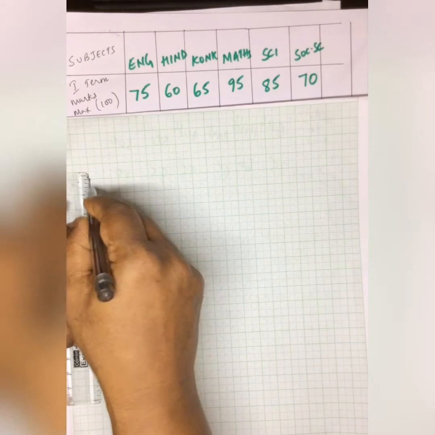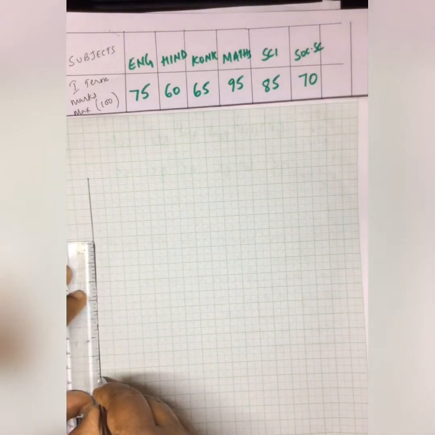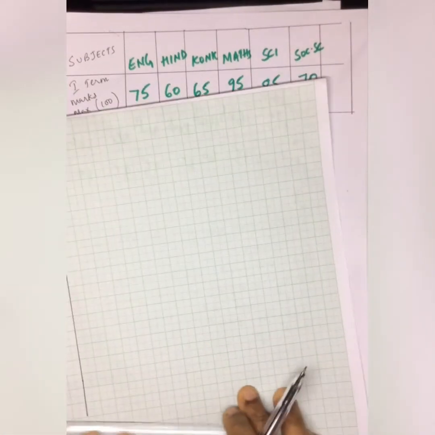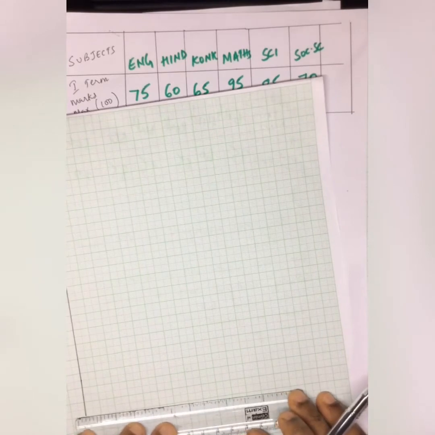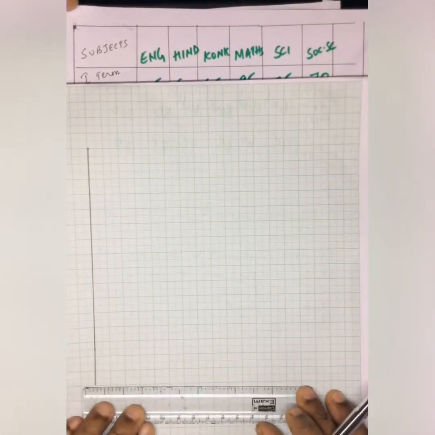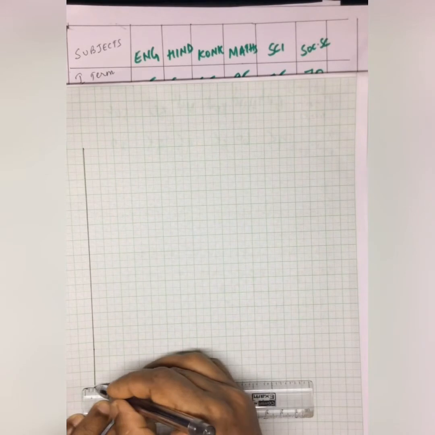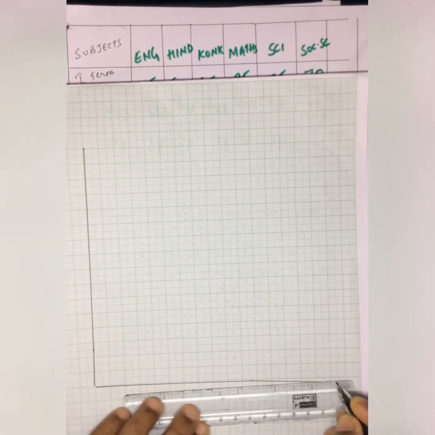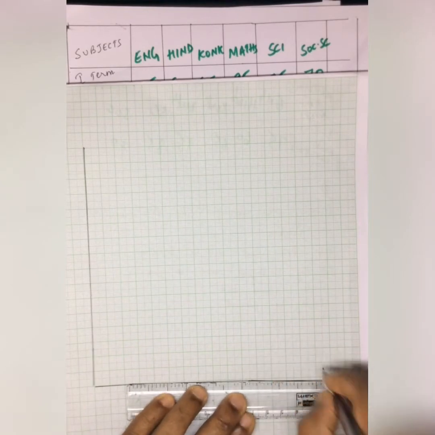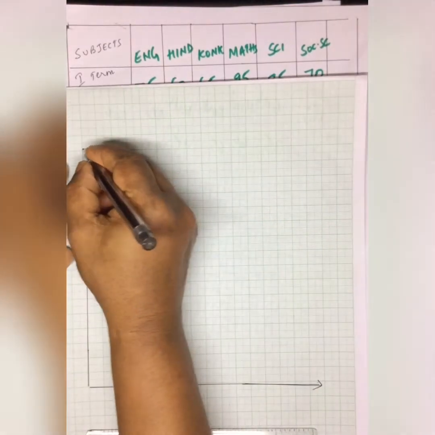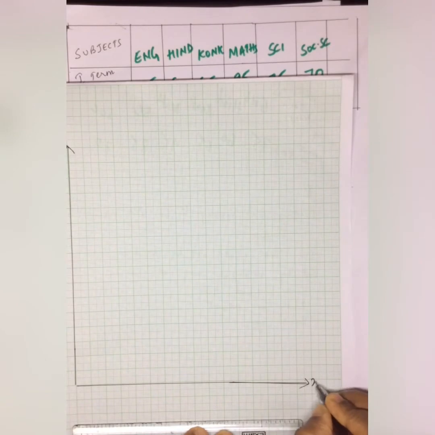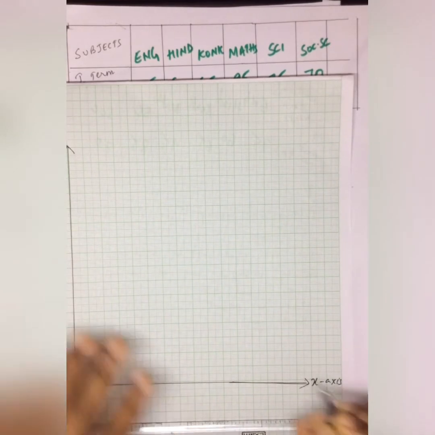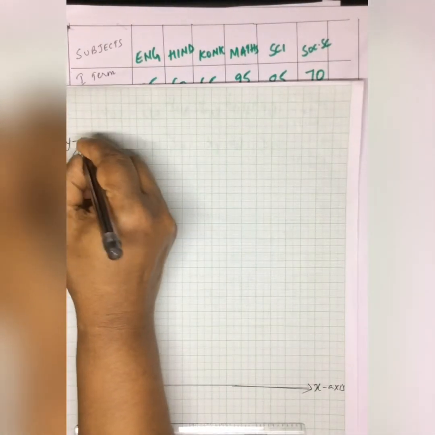You draw the axis first, the y-axis and the x-axis. Write here the x-axis and here the y-axis.